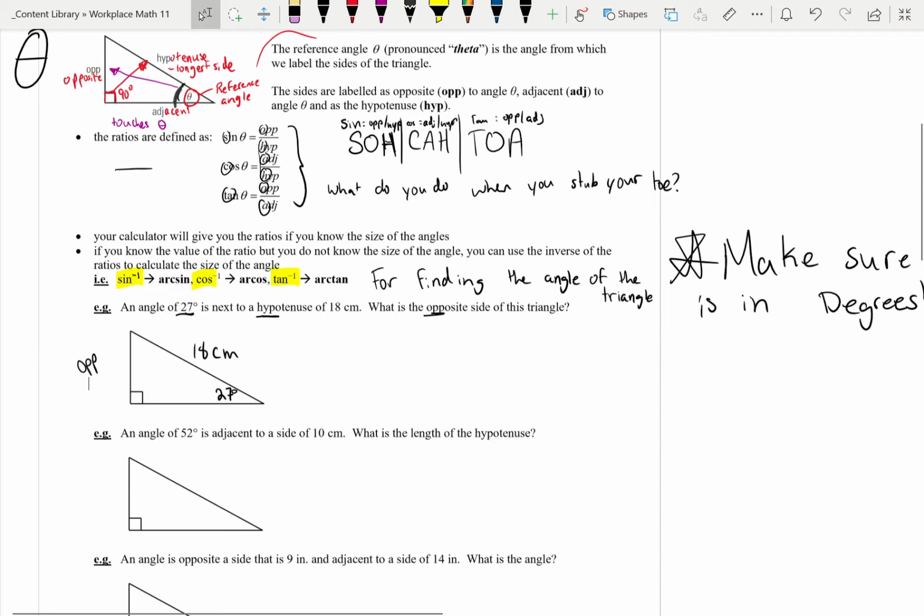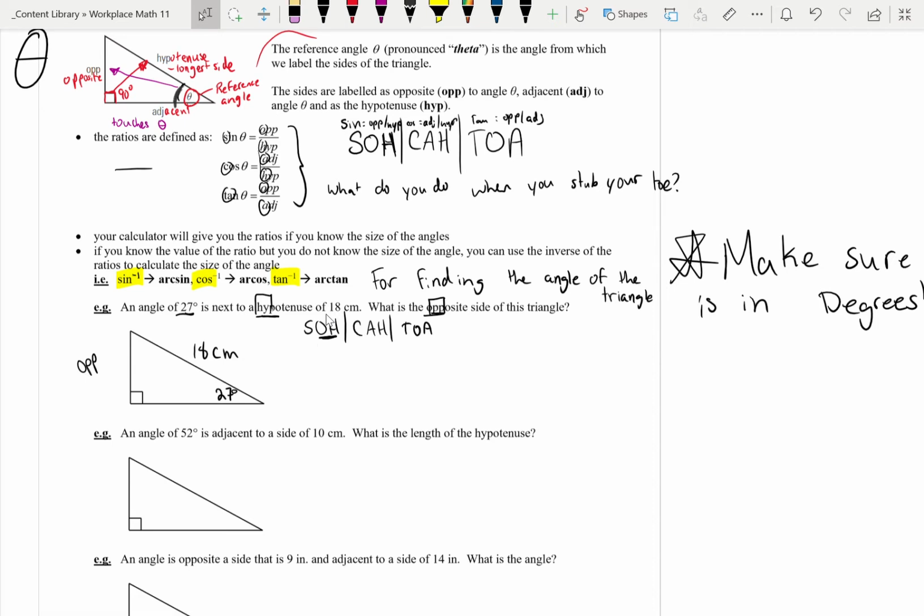Now I need to think about which one I'm solving for, so I'm going to look at my SOHCAHTOA and see which one has both the opposite and the hypotenuse. So I'm looking for O and H. I see sine is opposite over hypotenuse. This is the one that I need.